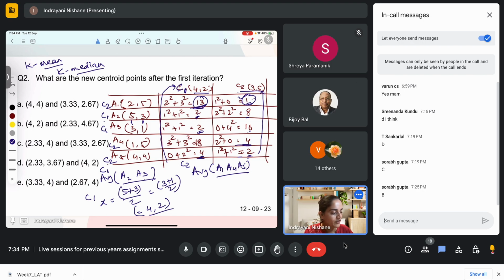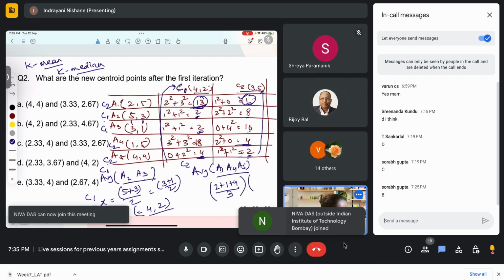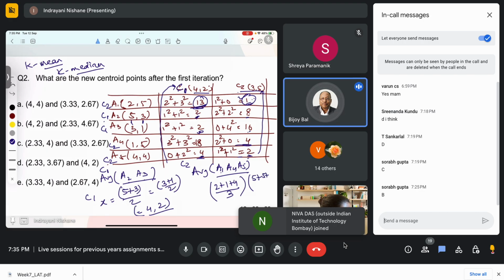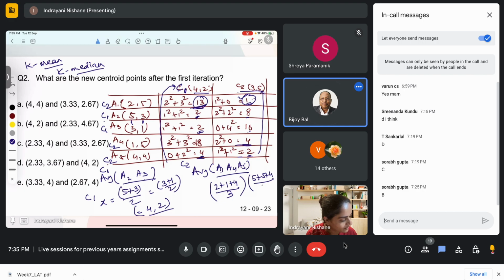Now we do the same thing with A1, A4 and A5. Add all the x values: 2 plus 1 plus 4 plus 4, divided by 3. And the y values: 5 plus 5 plus 4 plus 4, divided by 3, which is 14 by 3.